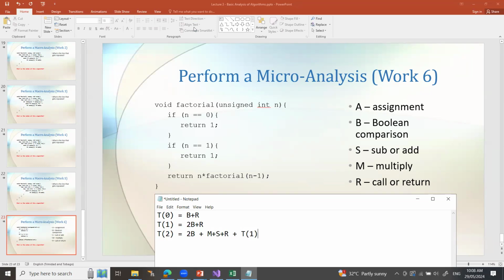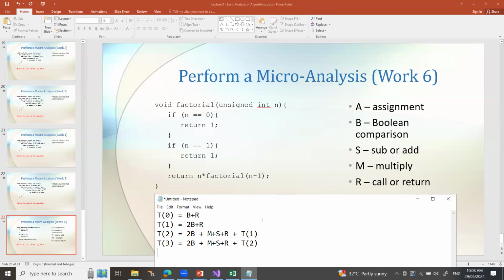So T of 2 is actually that thing. T of 3 would be 2b plus m plus s plus r plus T of 2, because then you'll be calling the factorial of 2.